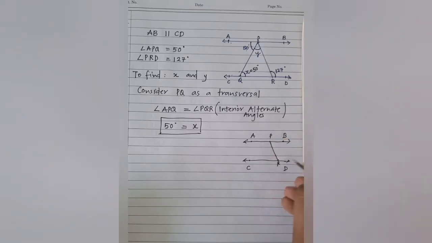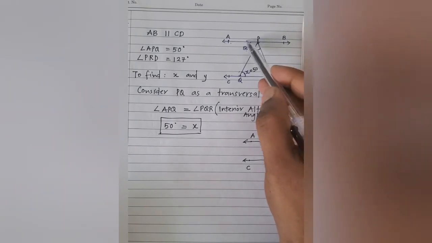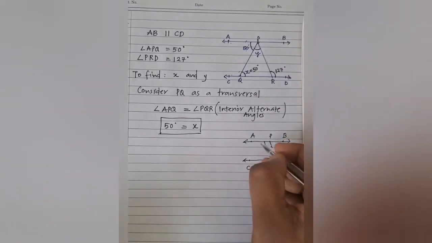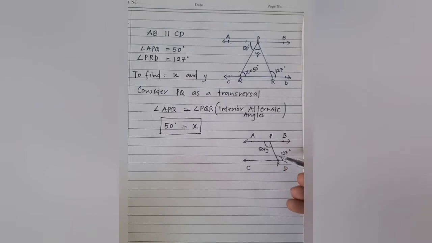Okay, so what do I have? This is 127 degree, and this side of the P point would be total of 50 plus Y. Isn't it? Now these two angles should also be equal because they are again interior alternate angles.